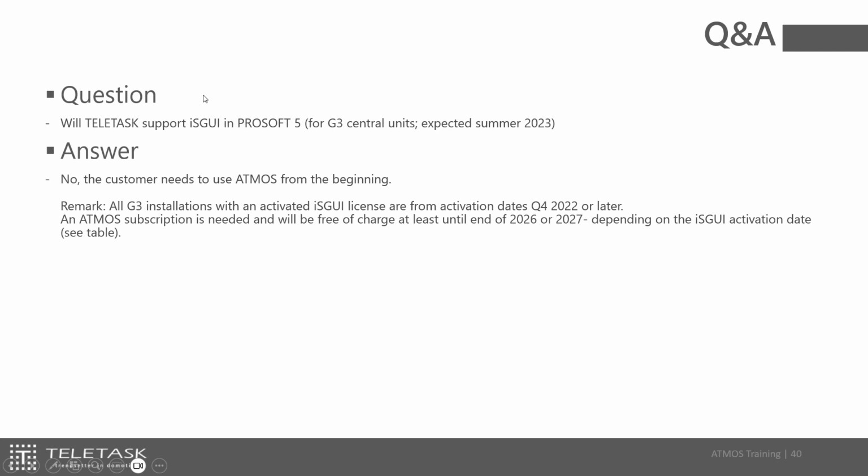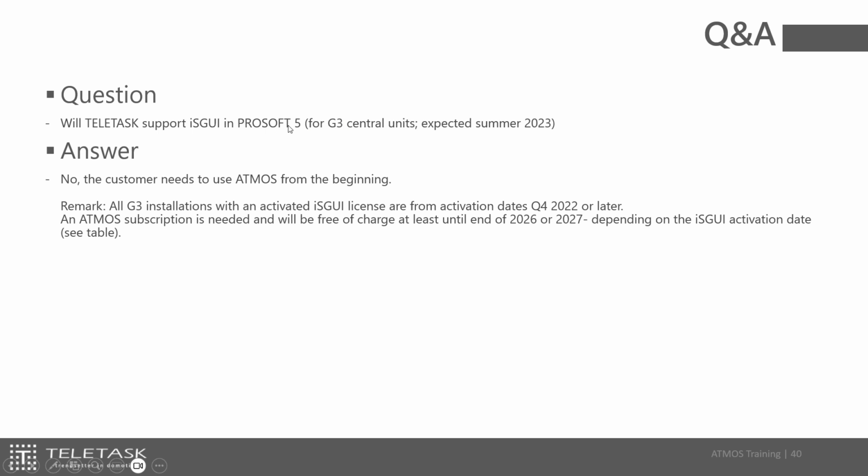Next question is, will Teletask support ISGUI and ProSoft 5? ProSoft 5 is a new, completely rewritten software for G3 central units, coming after the summer of 2023, I would say fourth quarter of 2023. You don't need to go to ProSoft 5, of course.